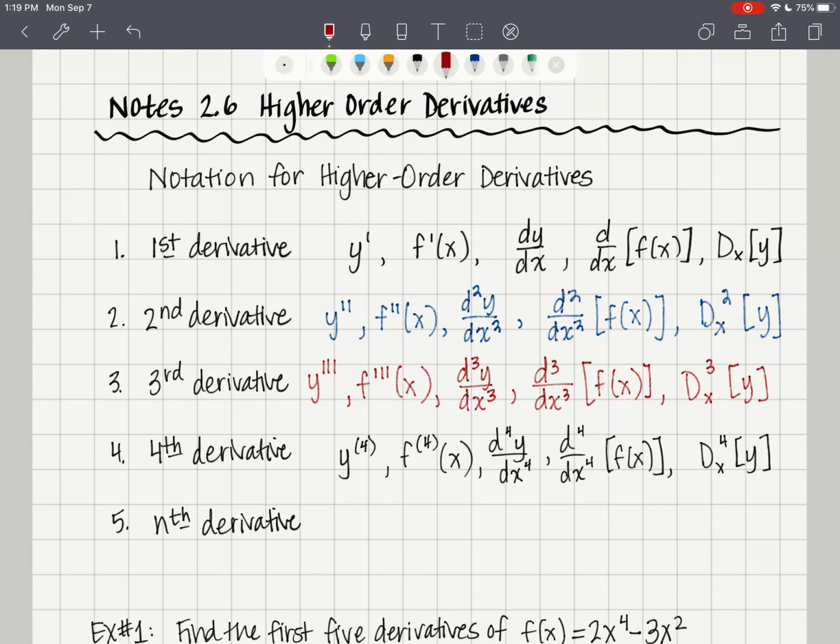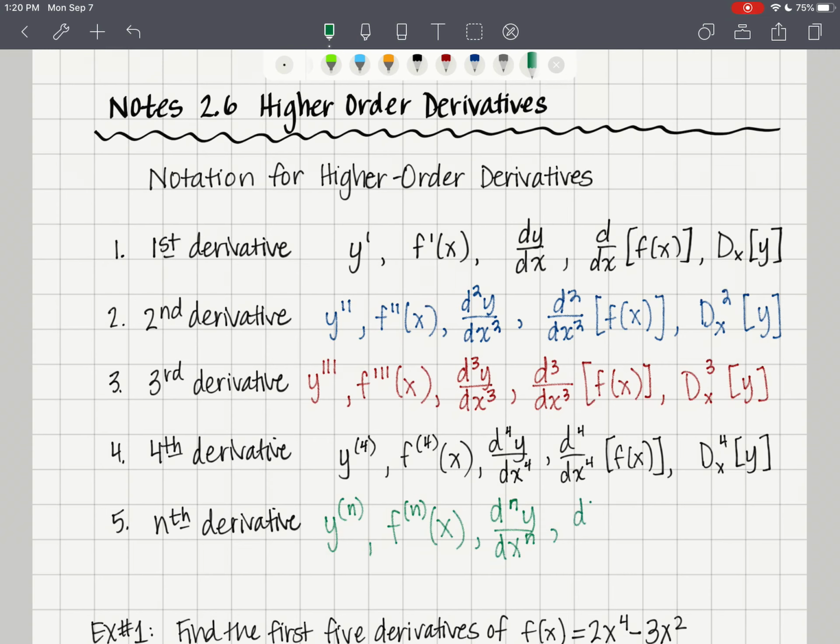The nth derivative, we'll show you that nth derivative, y, and then in parentheses, because we don't want it to be confused with y to the fourth power or y to the nth power. So it's in parentheses, y, nth derivative of y, f of nth derivative of x, and then dn y over dxn, and that's obviously not a power as noted before in the other examples.